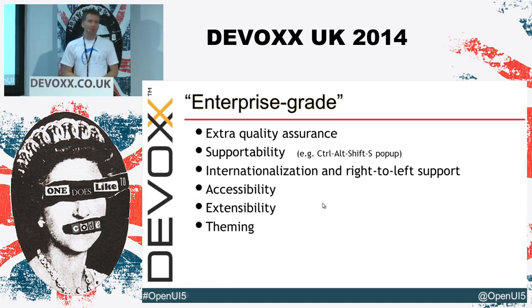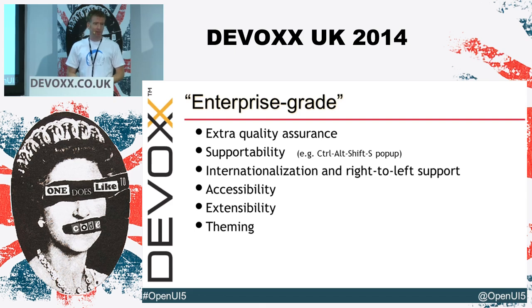More features that we provide that make it enterprise grade is, of course, internationalization. So we have support for hundreds of locales via the CLDR. We have translation of our UI5 controls themselves to 37 languages. We have, of course, right-to-left support for Hebrew, Arabic, and such languages. Then another important thing is accessibility.